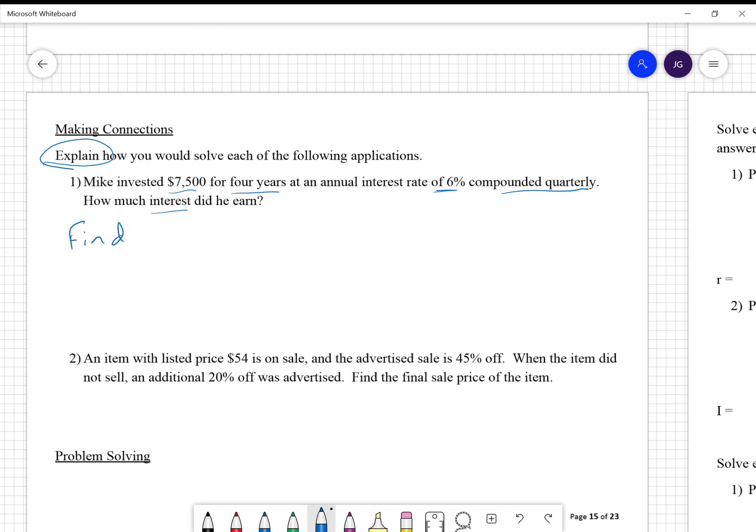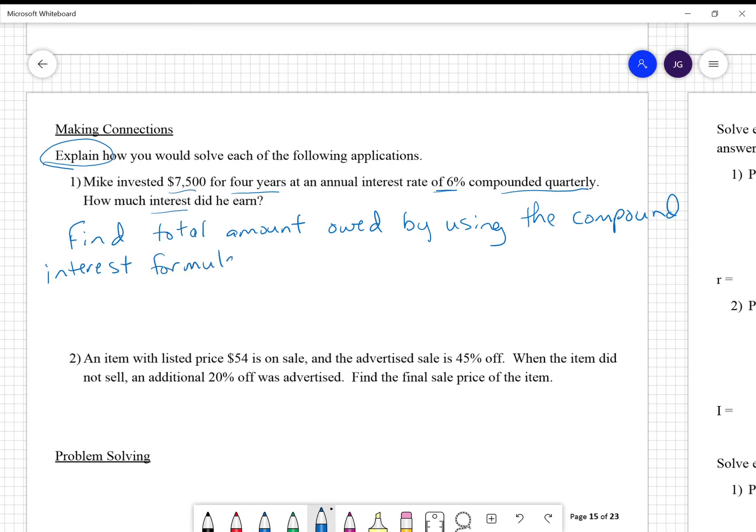Find total amount owed by using the compound interest formula with P equals 7,500, T equal 4, R equal 0.06, and N equal 4.